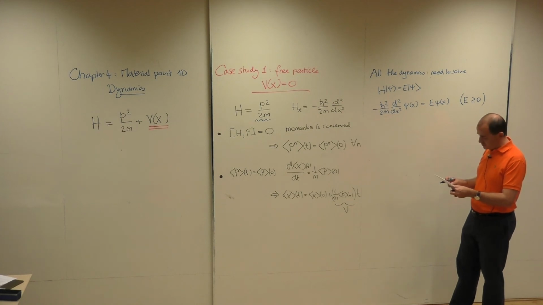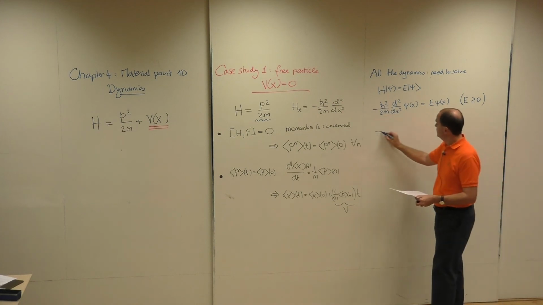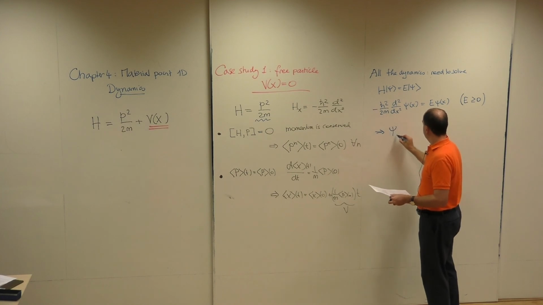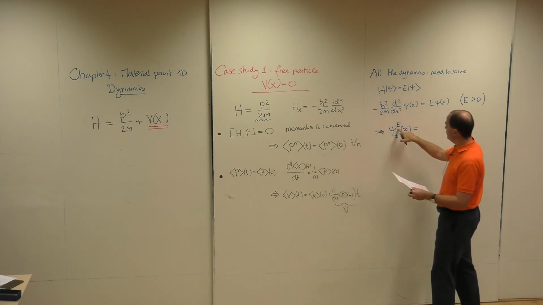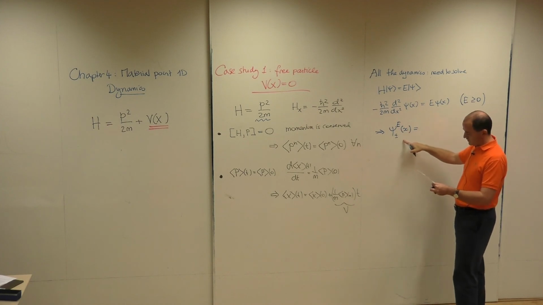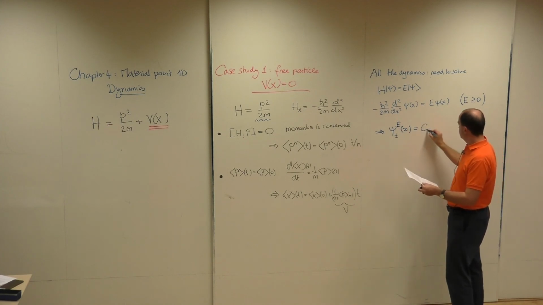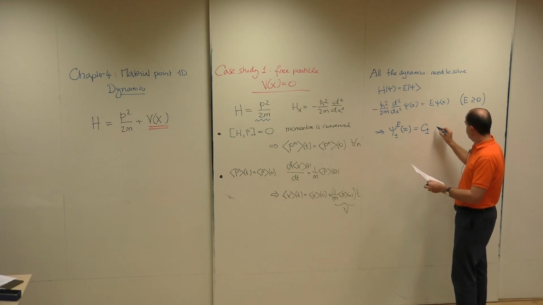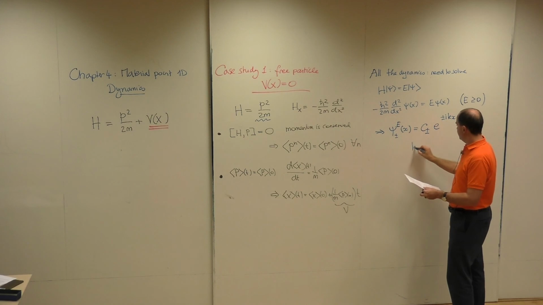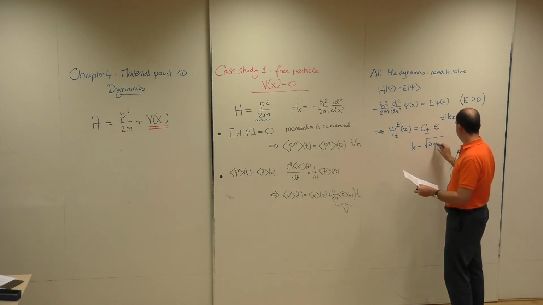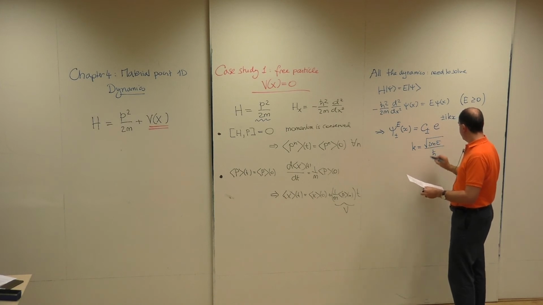And so what is the solution here? For every E larger than 0, there are two independent solutions, psi plus or minus of E of x. So for every given E, I have two solutions given by a constant that I don't care about, and then e to the plus or minus ikx, where this k vector is simply the square root of 2mE over h bar.